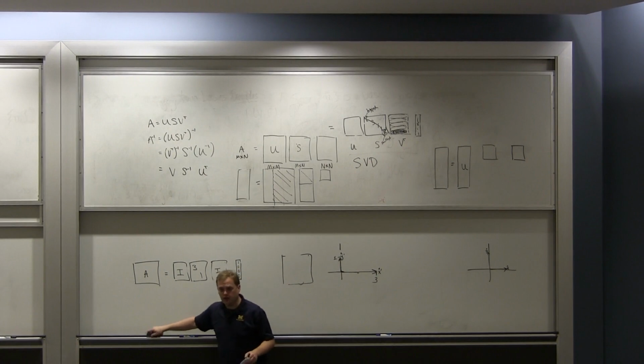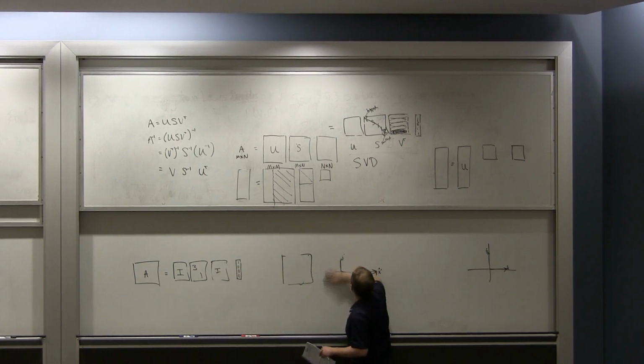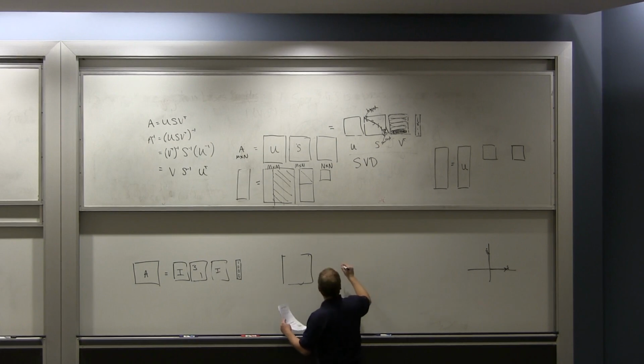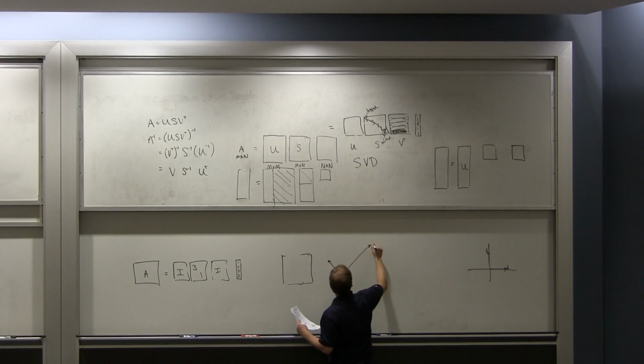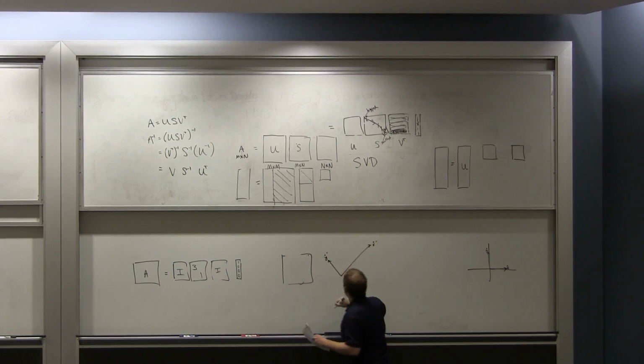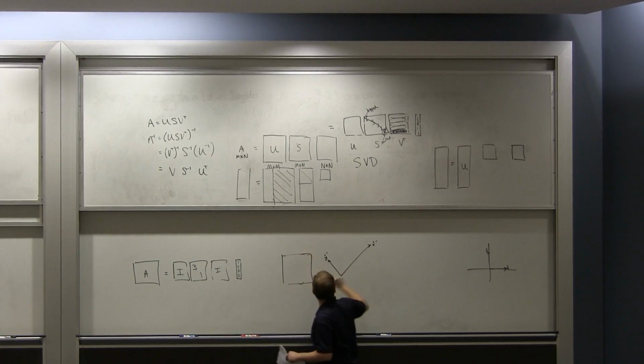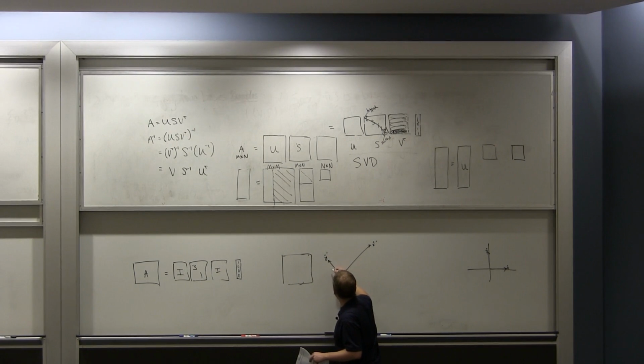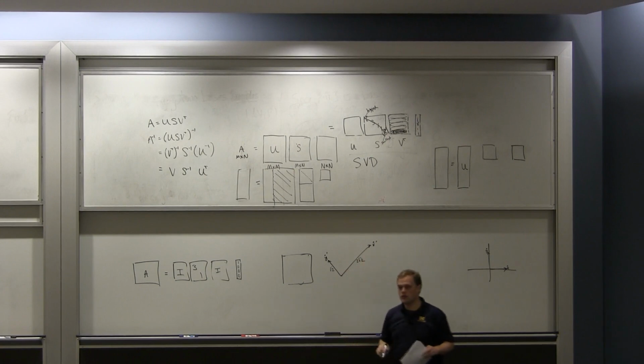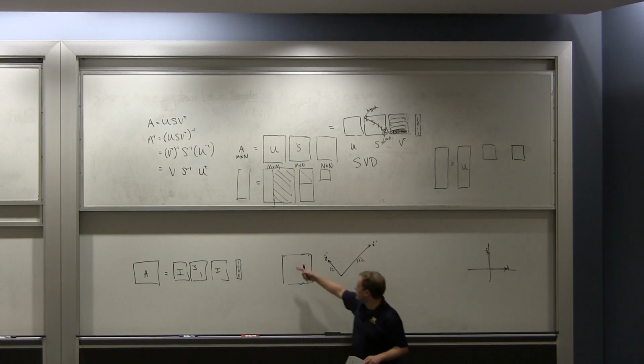Is this making sense so far? So here's x and y. What is the matrix that I've drawn here? Let's say this guy has a length of root 2, and this guy has a length of 2 root 2. So what vector do I have here?